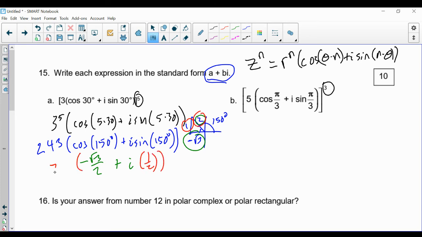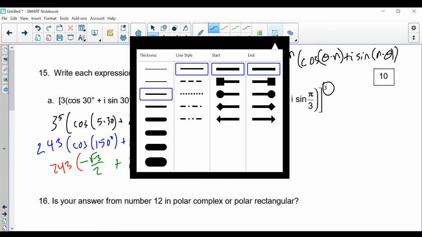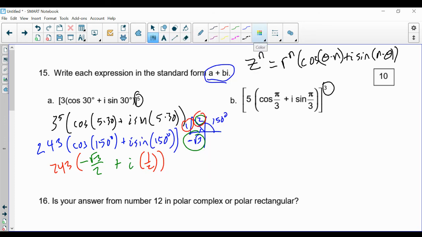But they're all being multiplied by 243, and you multiply it out, and you do get not a great number, but it is what it is. So it'd be negative 243 root 3 all over 2 plus 243 over 2 i. And there is your final answer for that one.